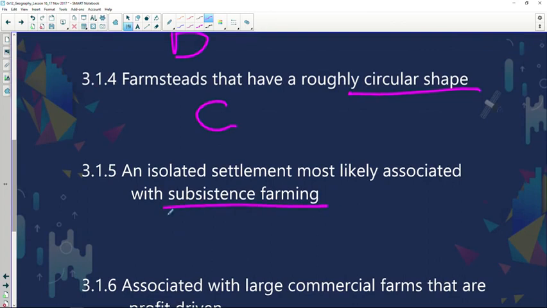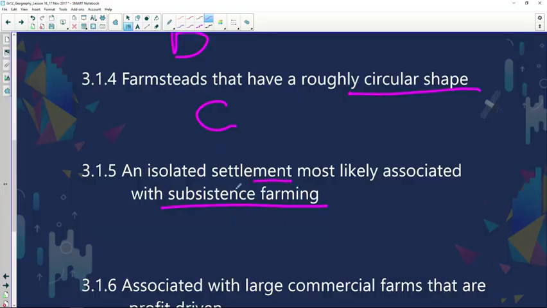An isolated settlement most likely associated with subsistence farming. Now let's just quickly have a look at subsistence farming. What's subsistence farming? When you're only farming for yourself to provide your own people and yourself with food. Commercial farming, what's commercial farming is to make a profit. Now if we quickly go and look at question 3.1.5, which isolated settlement is most likely associated with subsistence farming?